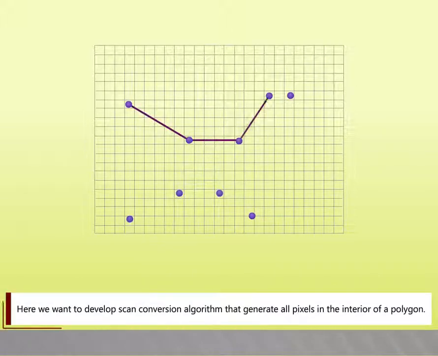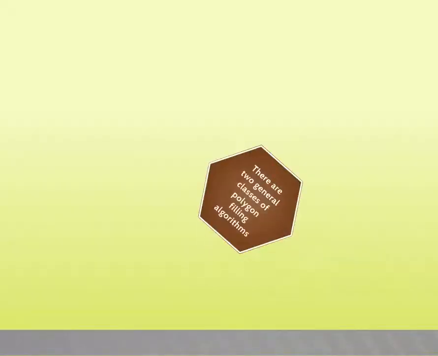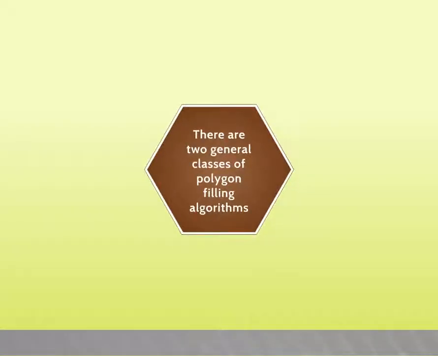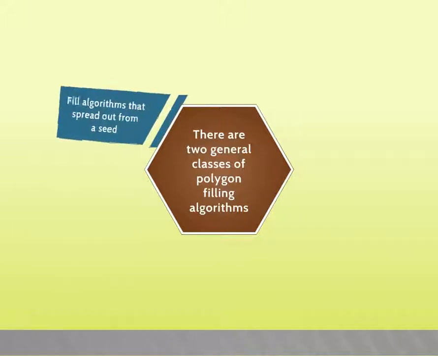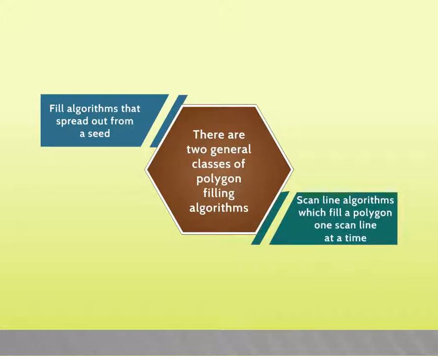Here we want to develop scan conversion algorithm that generate all pixels in the interior of a polygon. There are two general classes of polygon filling algorithms. Fill algorithms that spread out from a seed. Scanline algorithms which fill a polygon one scan line at a time.